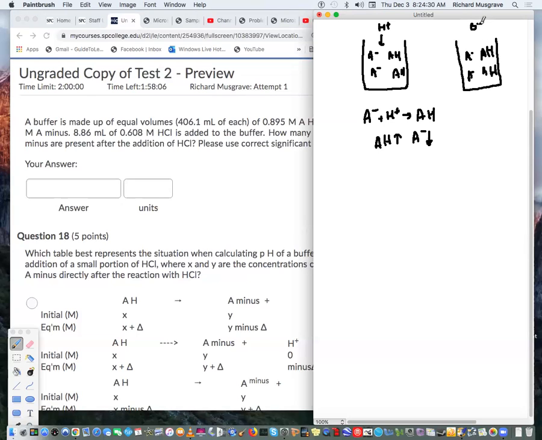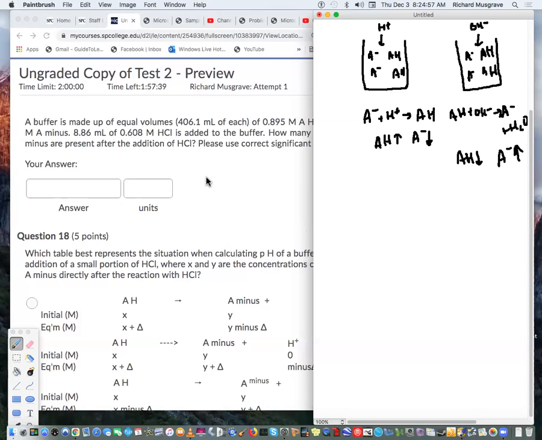And if you're dealing with OH minus and AH, then the AH will react with the OH minus, not the A minus. And what will happen is the AH will go down and the A minus will go up.